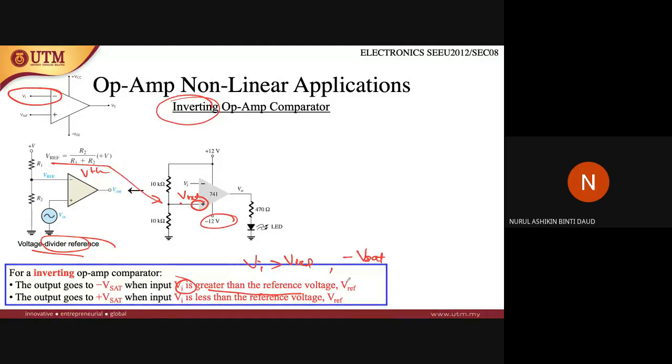But if VI is lesser than V reference, the output voltage will go to positive V saturation here.